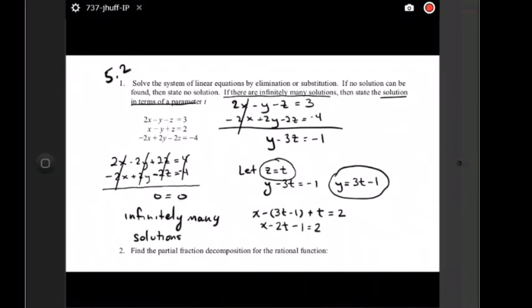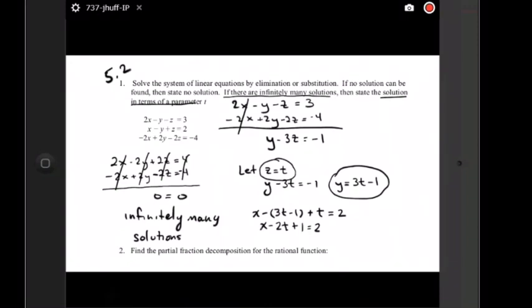Then you can combine the -3t and the 1t right there to get -2t. Actually, that should be a +1. My apologies. That should be +1 because you distribute the negative right there. So it should be -2t plus 1.